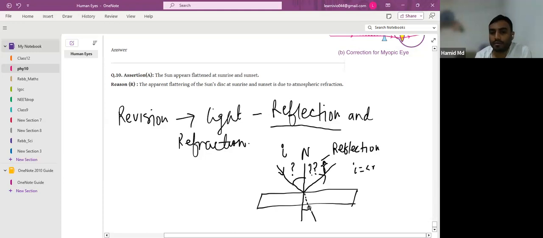But this is called the refracted ray. Do you remember Snell's law? This is n1 and this is n2. This time we are doing revision, so there is no need to follow the structure, okay? We can bring the concept in between as well.